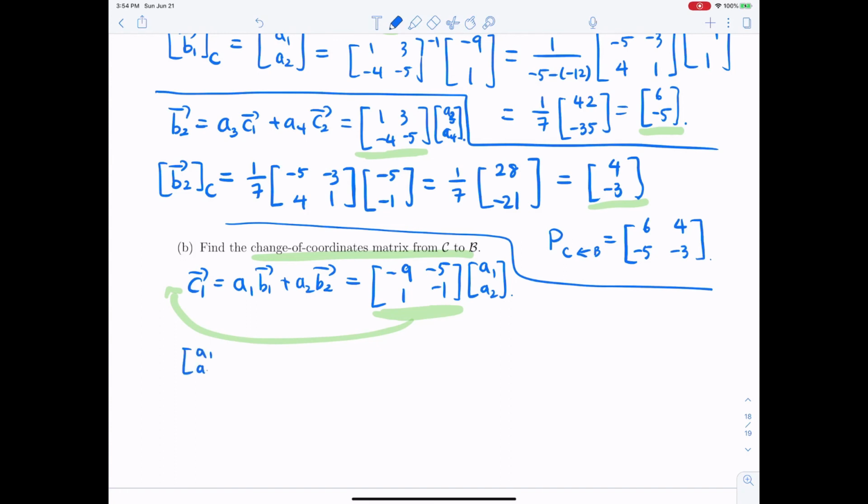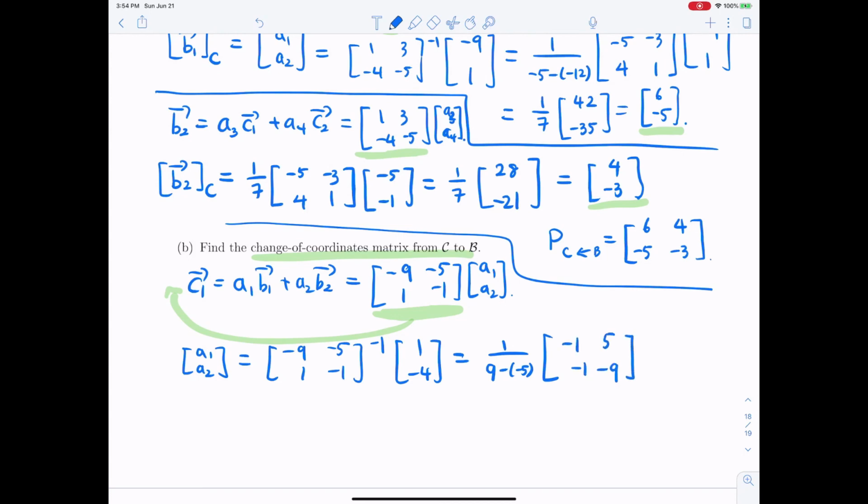So (A1, A2) equals [-9, -5; 1, -1] inverse, multiplied by (1, -4). And this equals 1 over the determinant, which is given by 9 minus -5. And the adjugate is [-1, 5; -1, -9], multiplied by (1, -4), where this equals 1/14 times (-21, 35). And this should equal (-3/2, 5/2).